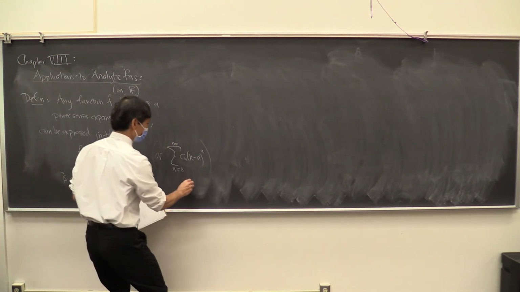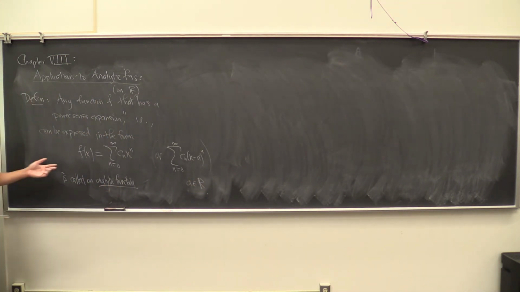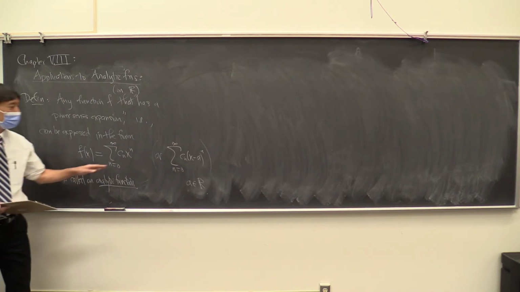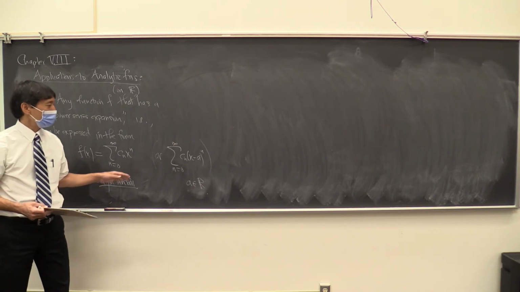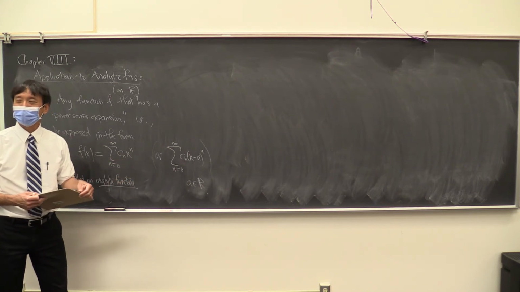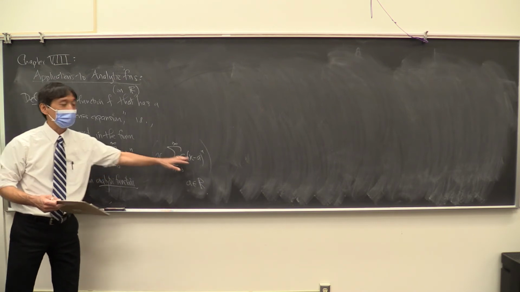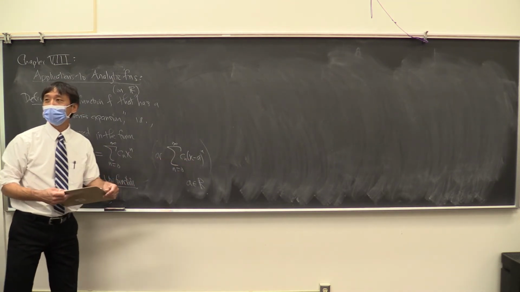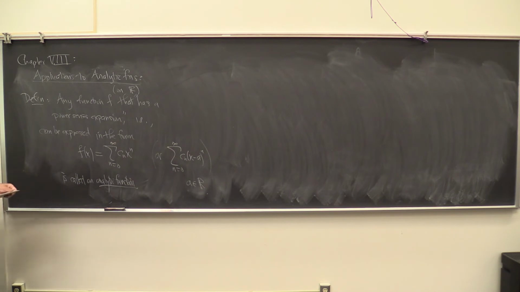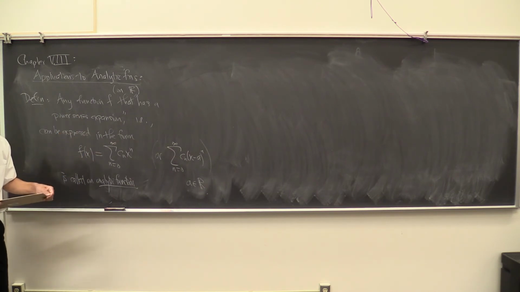This is for some point a in the real line. You've seen these sorts of things before in calculus 2, right? I think one of them is called Taylor series, the other is called Maclaurin series, or something like that. But anyway, they're just power series centered at 0 or centered at some other point. And any function that's expressible like this is called an analytic function.